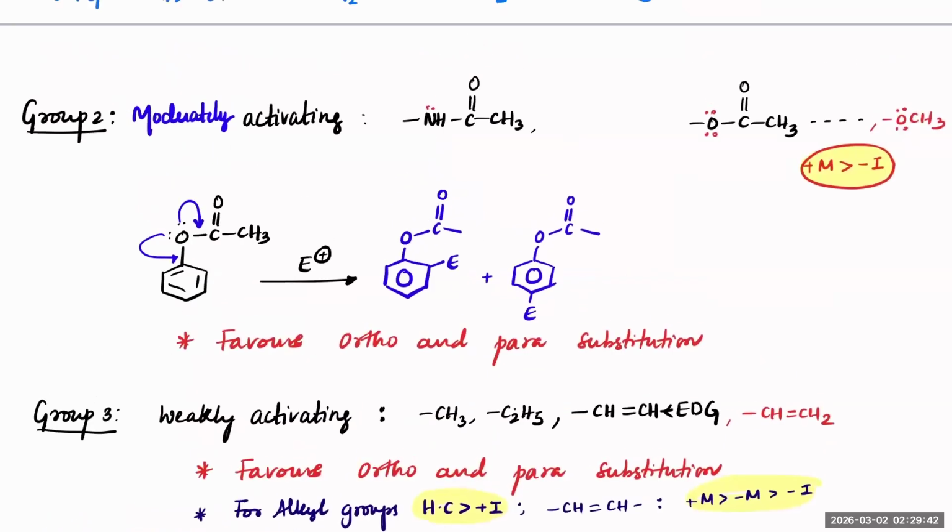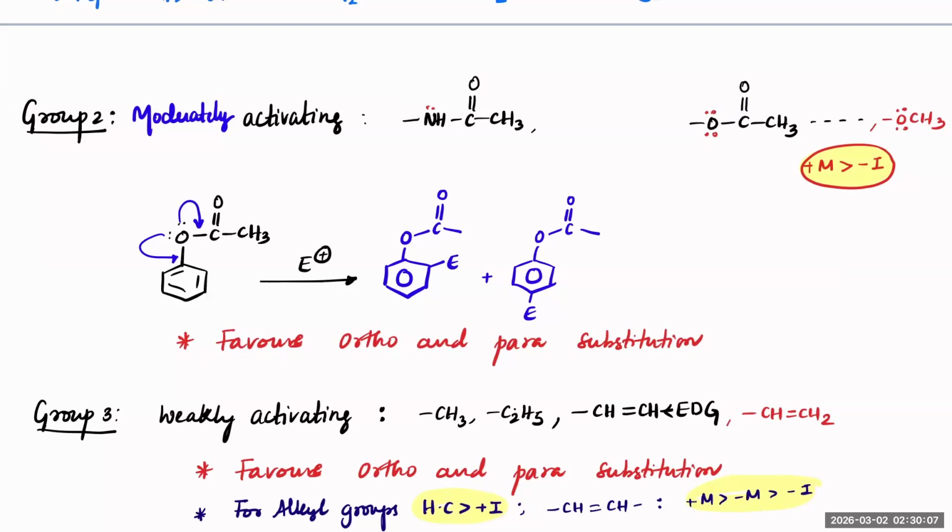Moderately activating groups donate, but at the same time, the donation happens on both sides. Electrons can be given towards benzene also, and they can be given towards the C double bond O also. Here you can see it is like a split resonance. Oxygen is donating electrons here also.